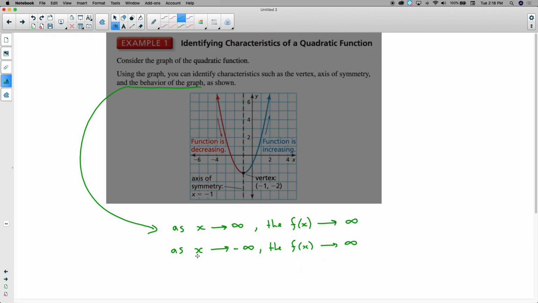So this one would be as x goes to the left, the function goes up. Okay, that's end behavior. It's just describing what happens way off to the right and or way off to the left.